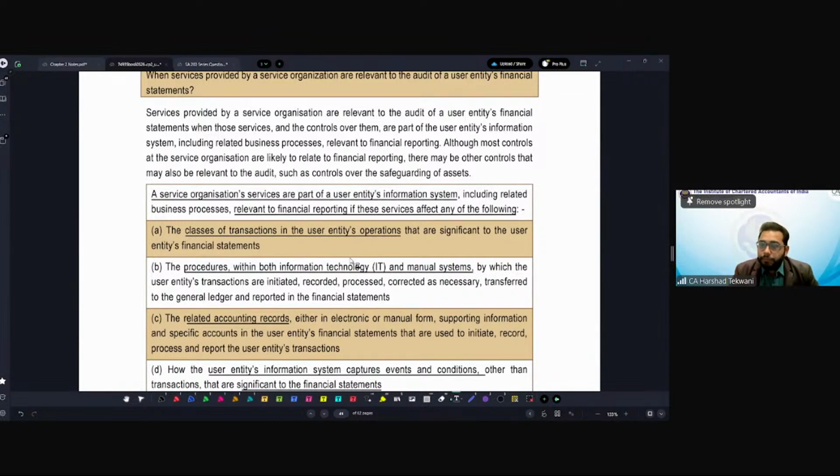Sir, if the services which we have outsourced to the service organization are working under my supervision and direction, in that case also, do we need to apply this SA? See, if they are working under my supervision, let's say the data comes to me.